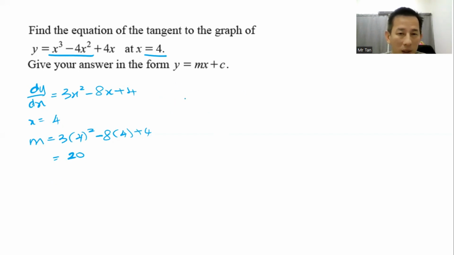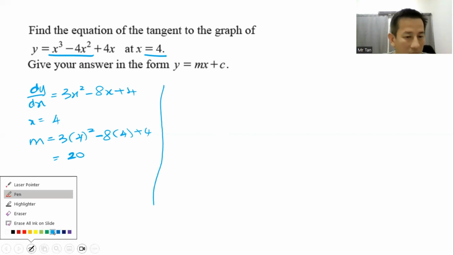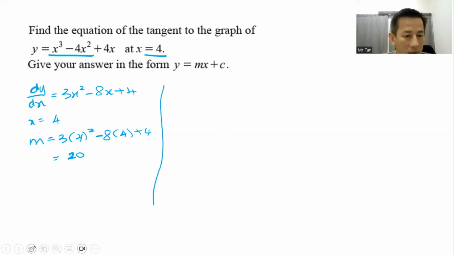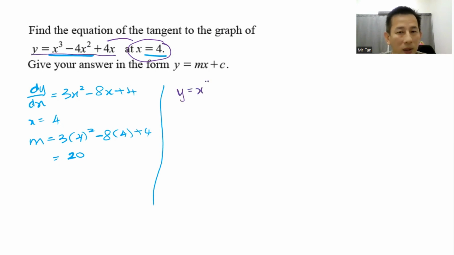You need one coordinate. To find the coordinate, use the x value. You substitute into the equation. So your y equal to x cubed minus 4x squared plus 4x. You substitute when x equal to 4, your y is equal to 4 cubed minus 4 times 4 squared plus 4 times 4.